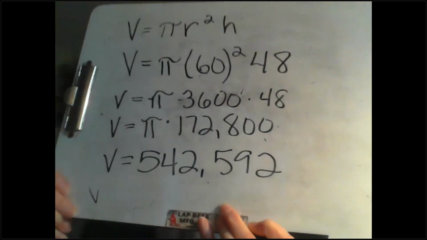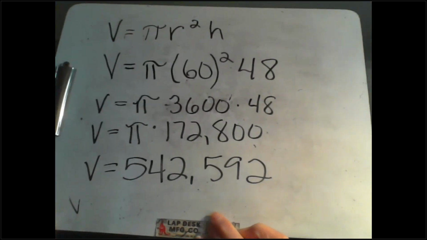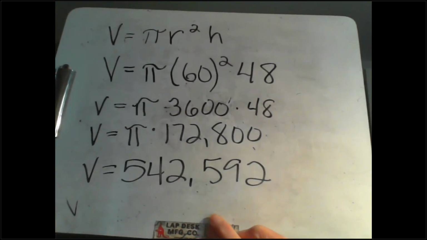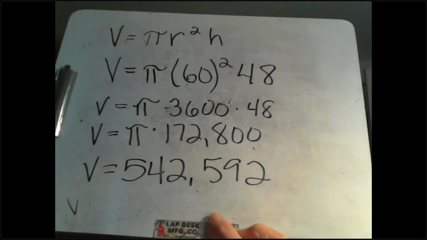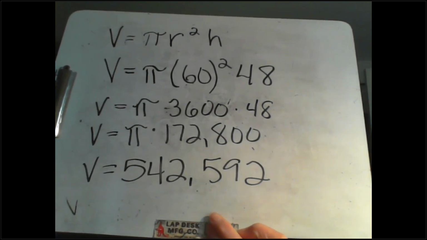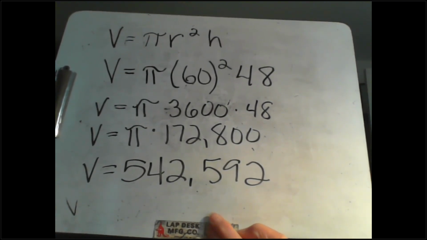Okay, and then we're going to multiply that by 3.14, and we get 542,592. What's our value? It's the volume, but what did we multiply together? What units did we multiply?